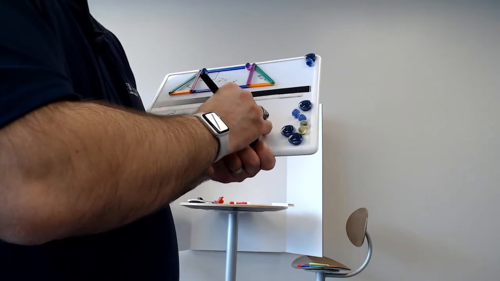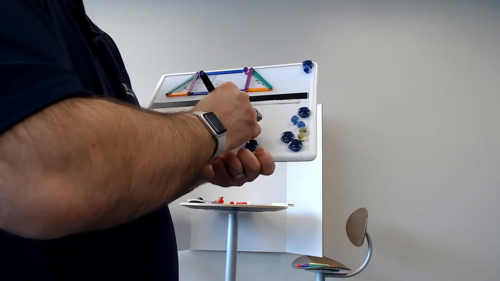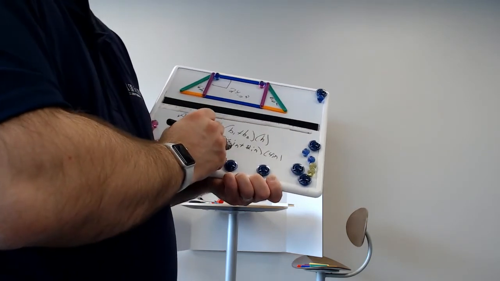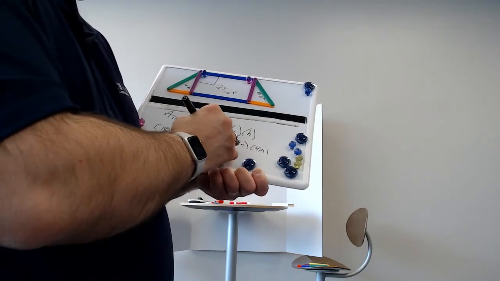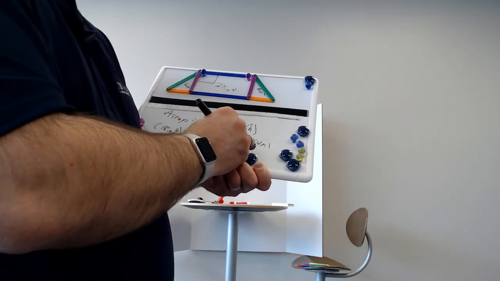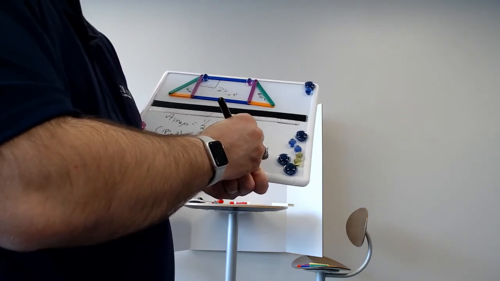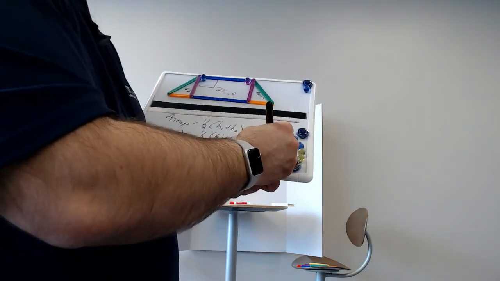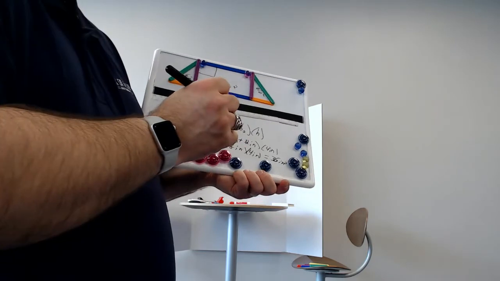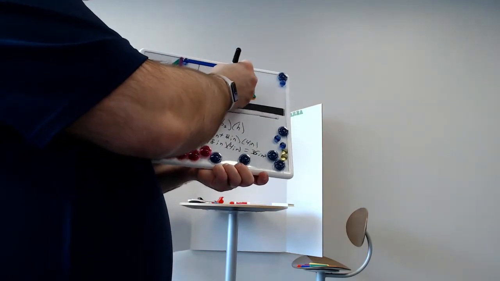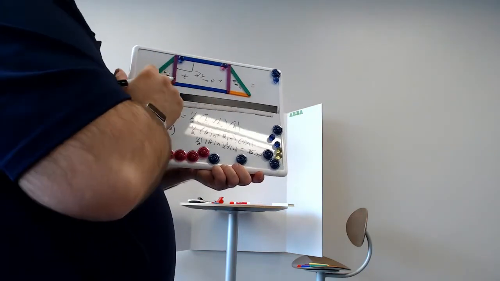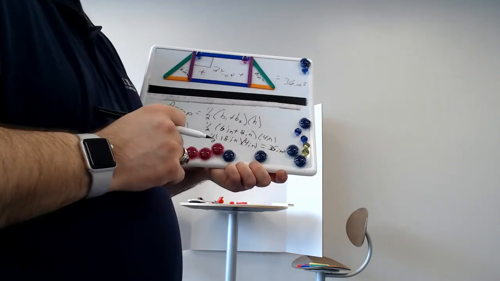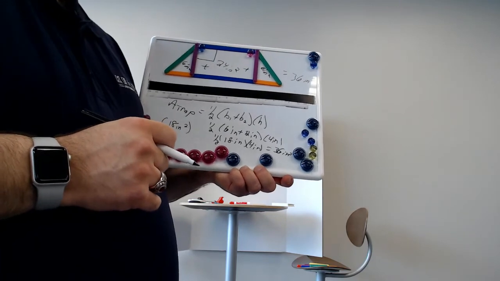So that should be 12 inches times a height of 4 inches. So we have 12 inches times 4 inches times 1/2, which gives us 24 inches squared, which is the same as you get when you add the 3 small areas. So it is always good to go back and check your work.